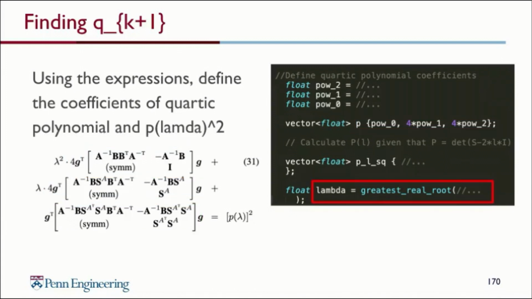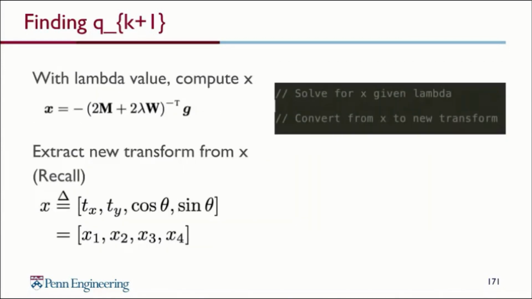So with these coefficients, you can then use the provided greatest real root function in order to solve for lambda. And with this lambda value, the value of x can be computed, and subsequently the components of the transform can be extracted from x.